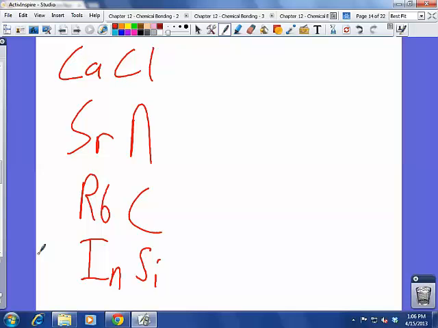All right. What charge did you expect on calcium here? +2 and -1. So what ratio do you have here? CaCl2. Okay. What about strontium? What charge? And nitrogen? So what ratio do you need here? 3:2.